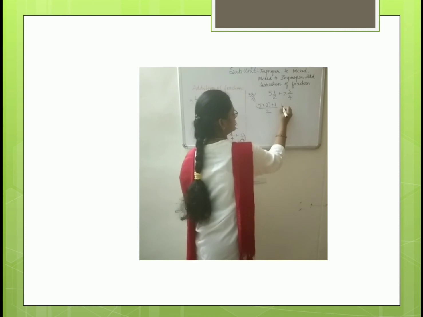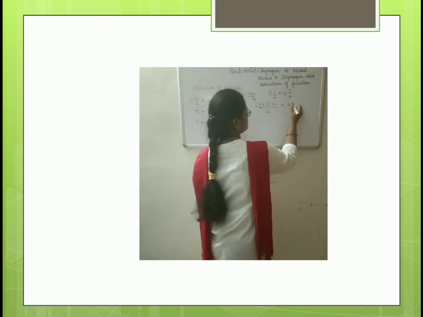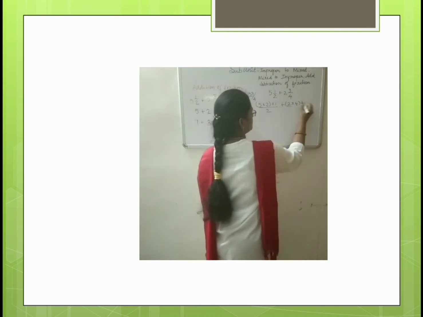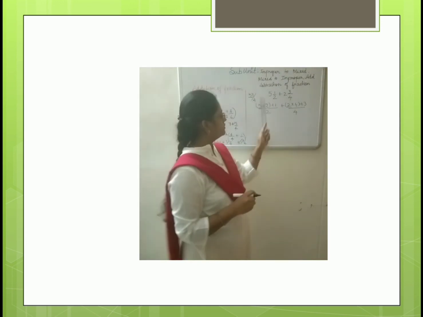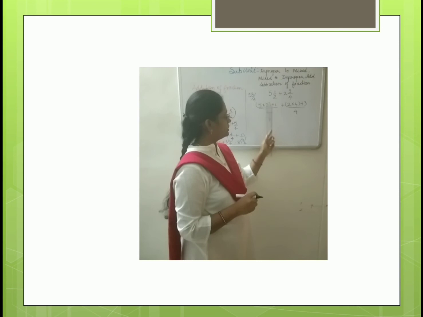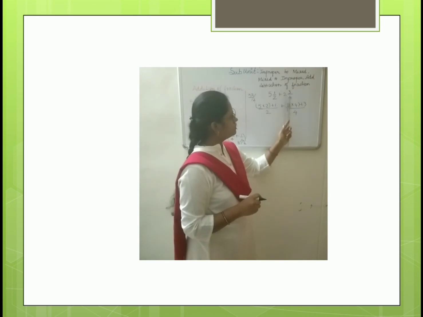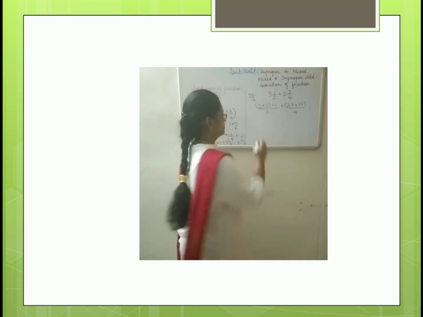So I am writing here 5 into 2 plus 1 by 2, 2 into 4 plus 3 by 4. 5 2s are 10, so 11 by 2 plus 4 2s are 8 plus 3, 11 by 4.